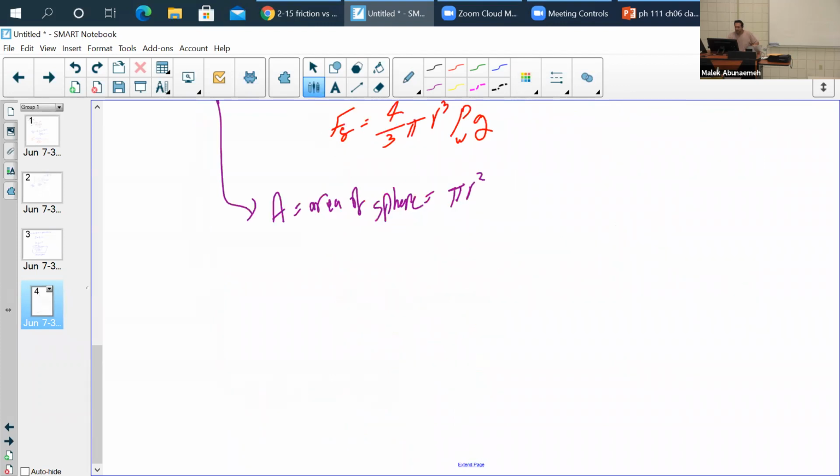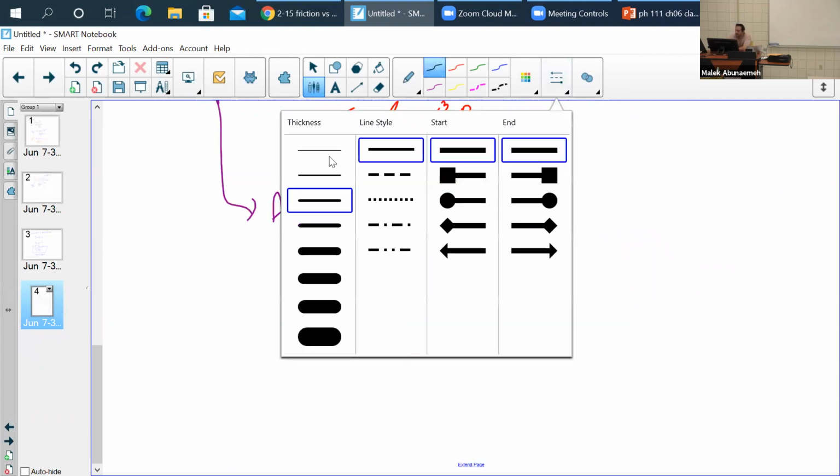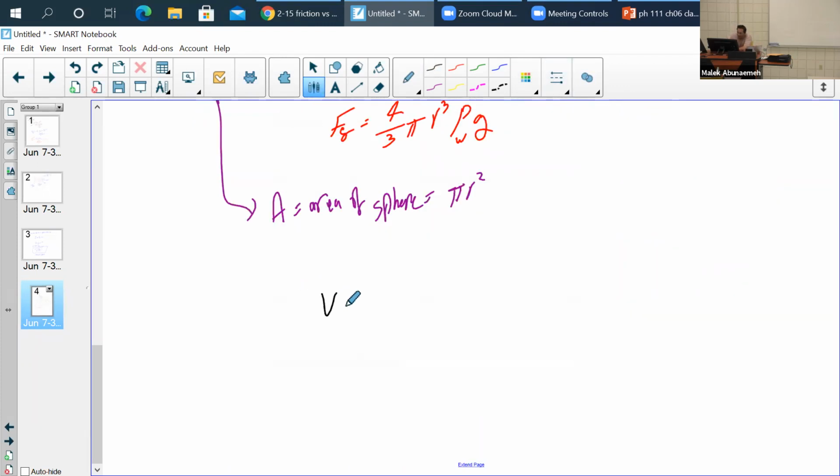So let's go ahead and substitute everything in there. Let me go back to black. So we said that v, the terminal velocity, is going to equal the square root of 2 Fg over C rho a multiplied by A.